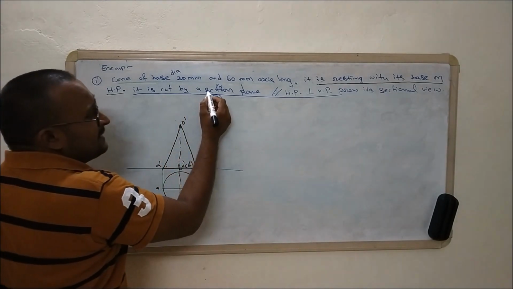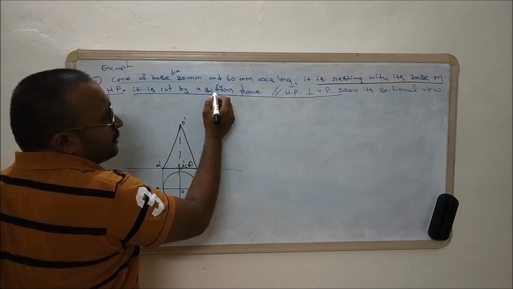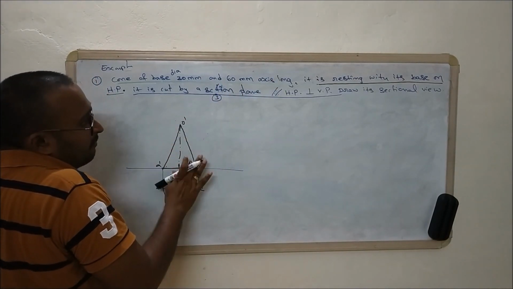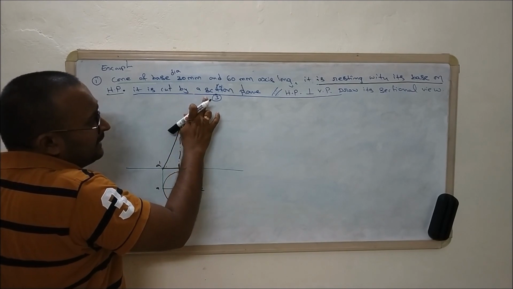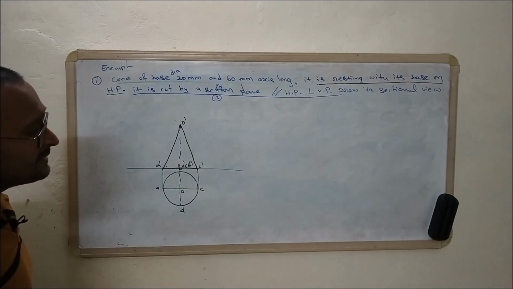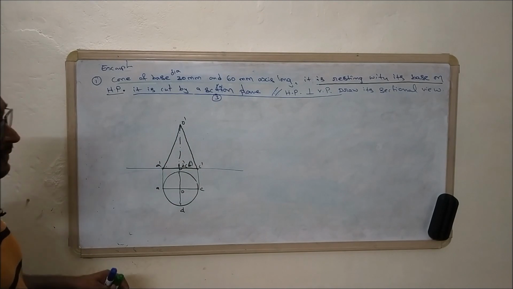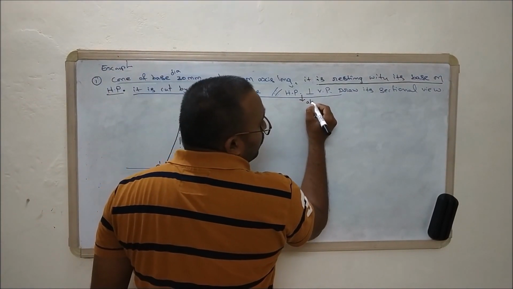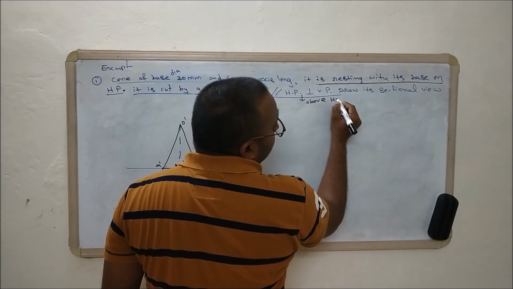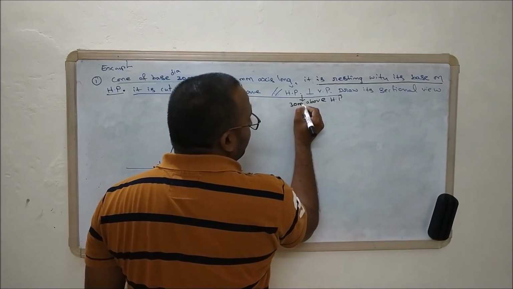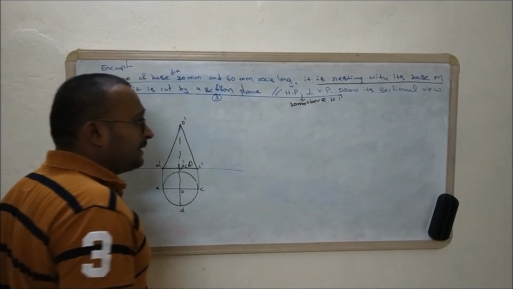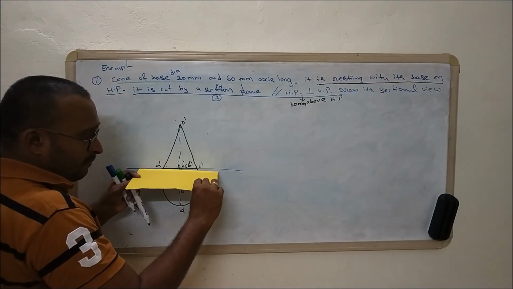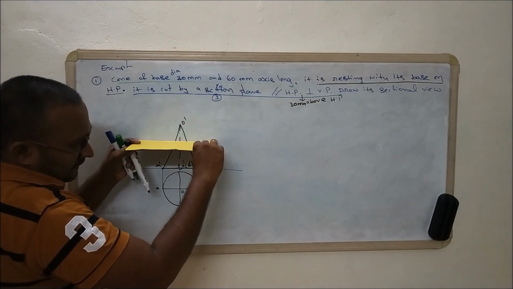Then the third problem statement. The first two statements have been completed. Now we will move on to the third problem statement. It is cut by a section plane. The position of the section plane is given as 30 mm above HP, so from the baseline 30 mm over here.